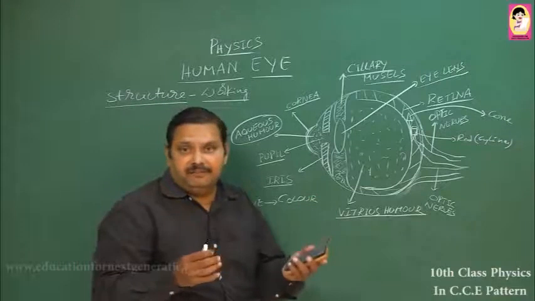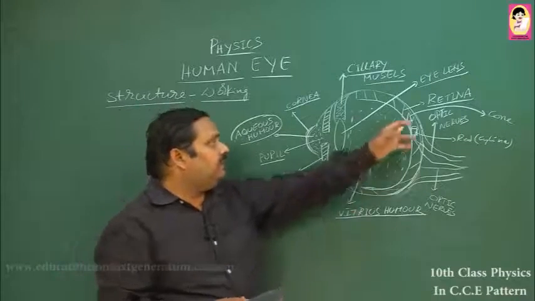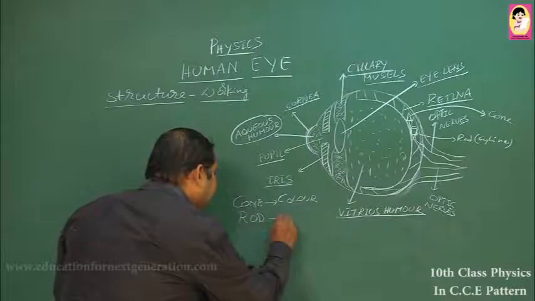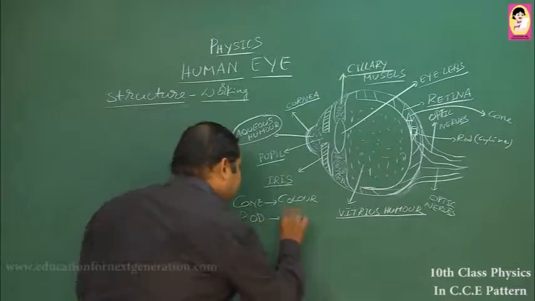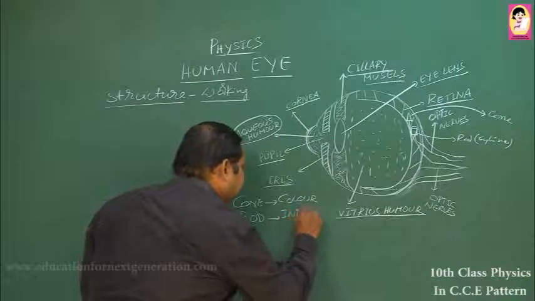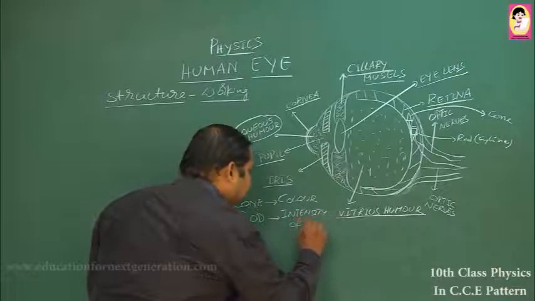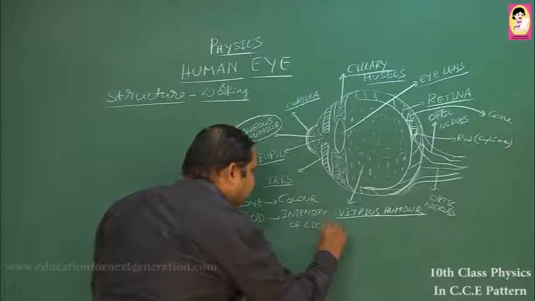We can identify different colors with the help of the cone cells, and rod cells are responsible for the intensity of light.